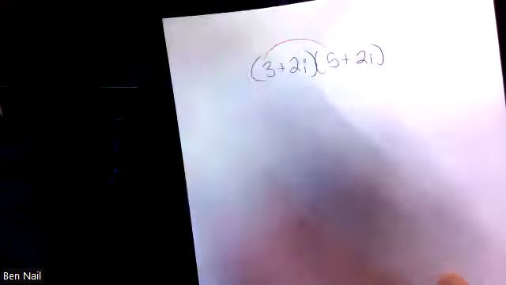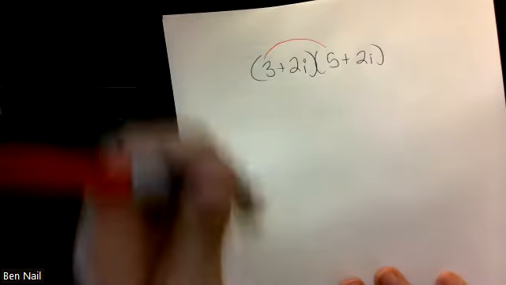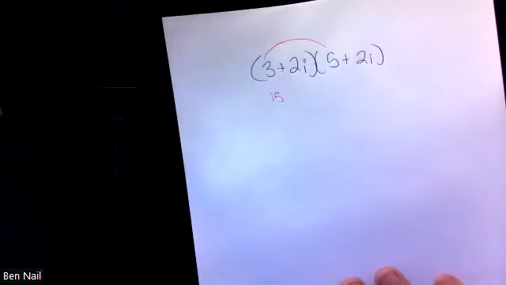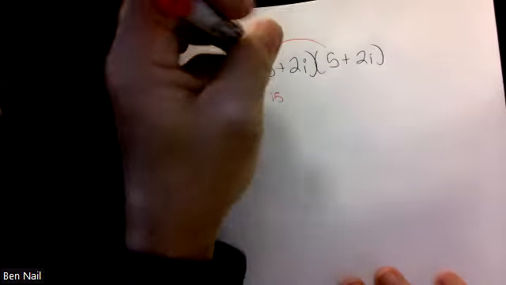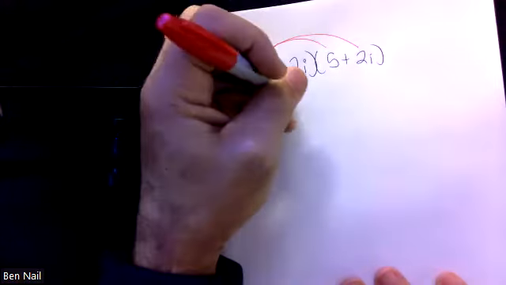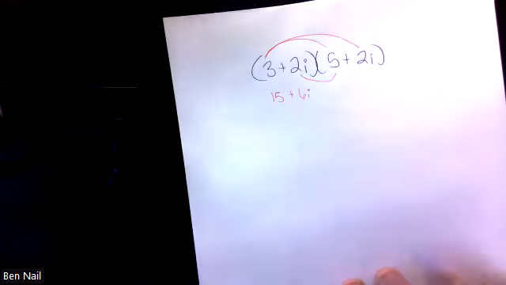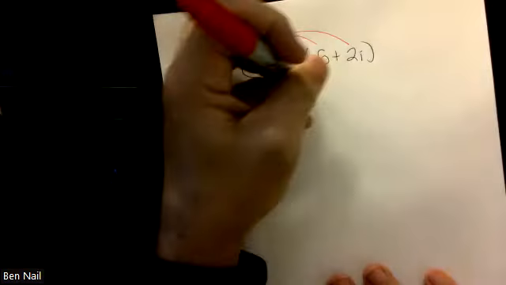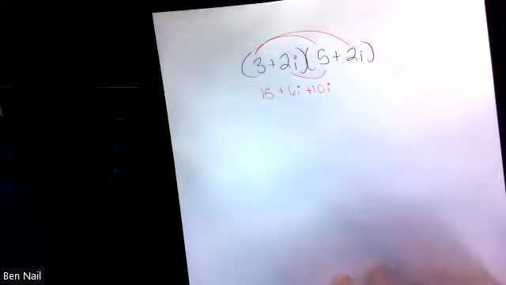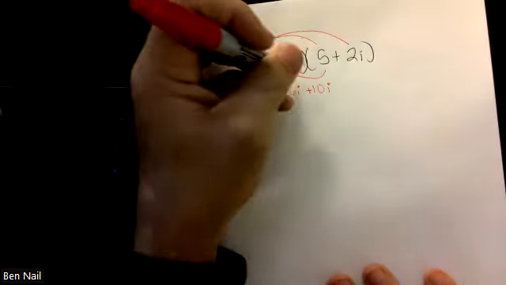So if we multiply 3 times 5, that's 15. 3 times 2i is 6i. And 2i times 5 is 10i. And 2i times 2i is 4i squared.